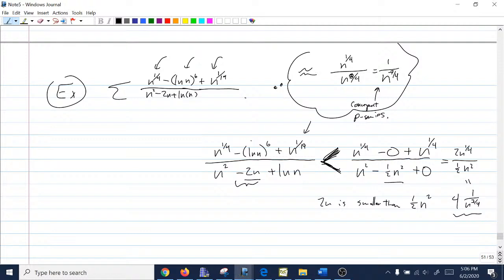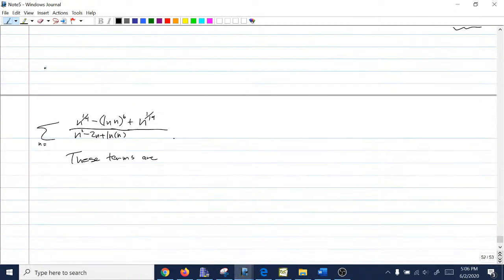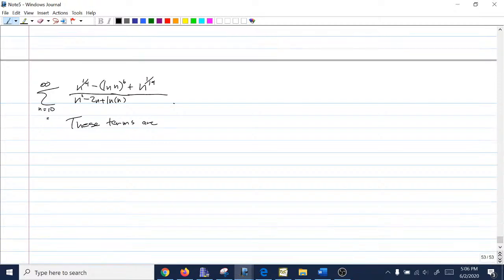Can I start at 1? That's actually 0 at 1. I should start at n equals 2 or 3. Let's start at 10 and not be stressed over it. These terms are eventually positive. Is that obvious? n squared is eventually bigger than 2n.